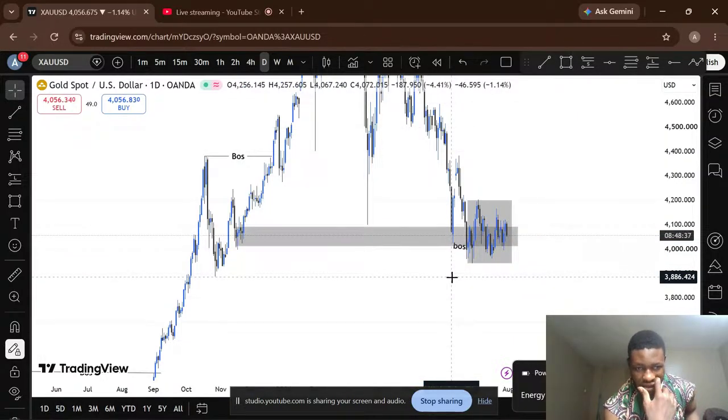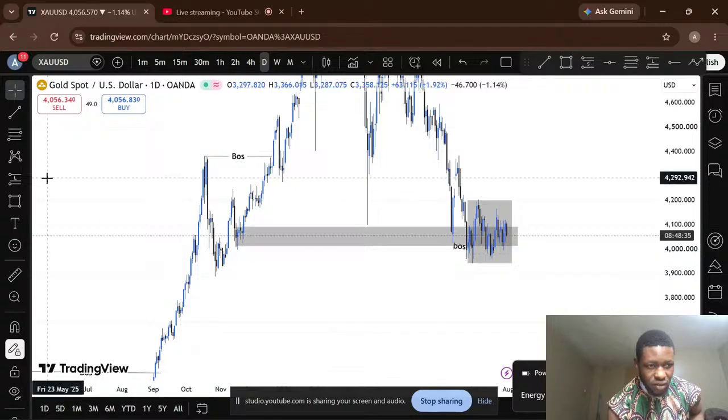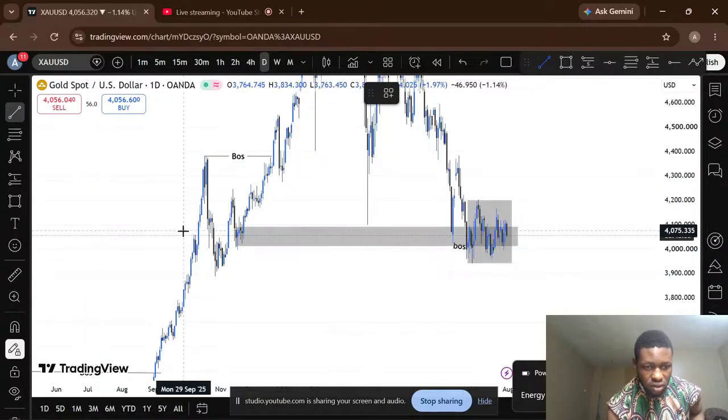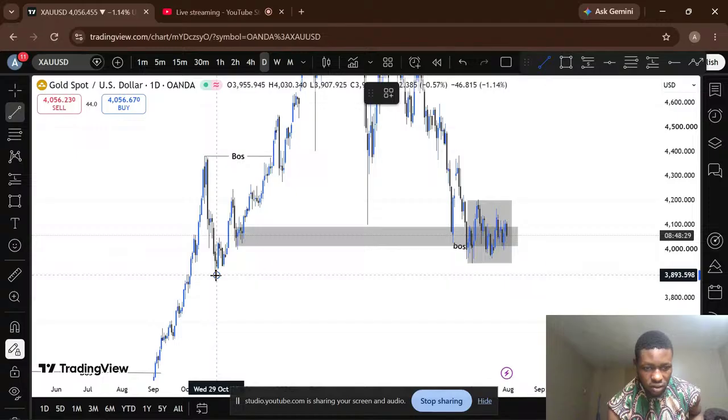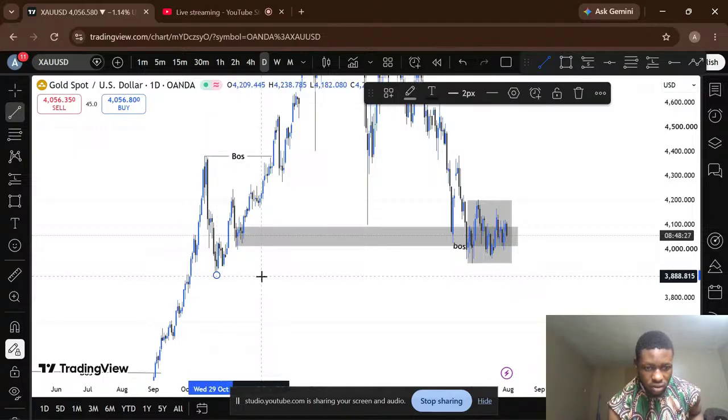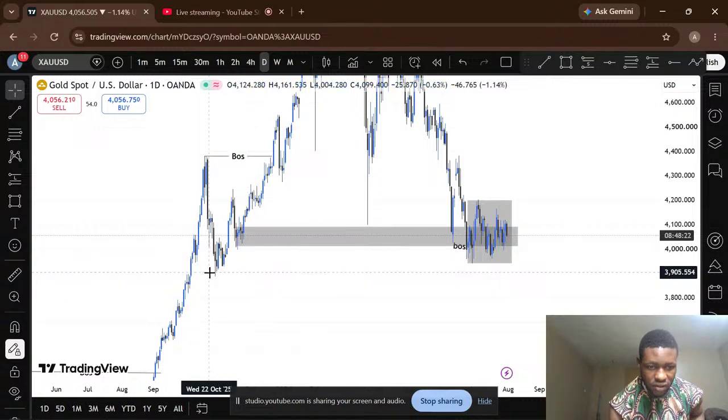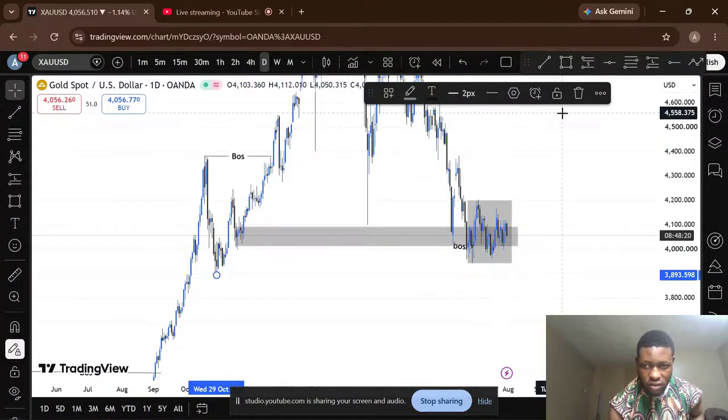Right now, price is currently reacting at the point of interest. That is where price is currently dancing.